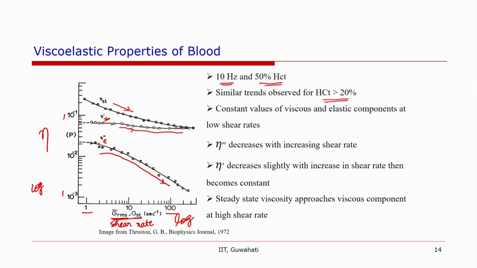So, what is interesting to note is that at high shear rates above 100 per second, the real component of the complex viscosity, or the viscosity under oscillatory shearing, is the same as the steady state viscosity. Okay. So, these are some of the observations for the viscoelastic properties of the blood by Professor Thurston, who looked at this phenomenon in the 70s.